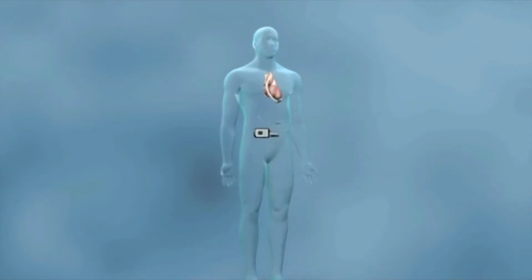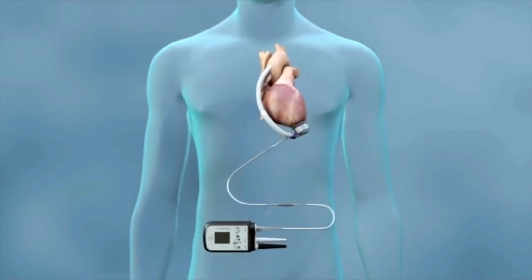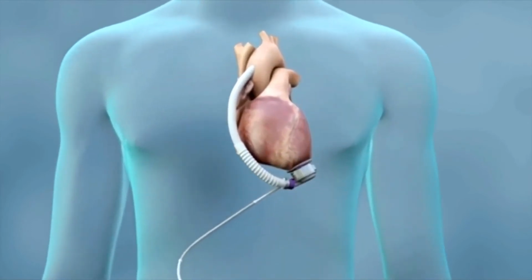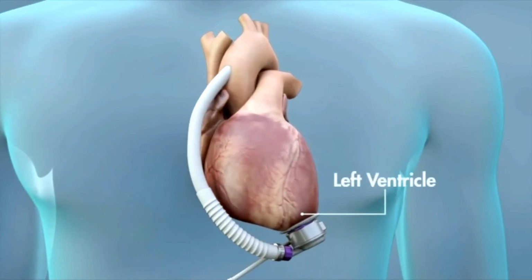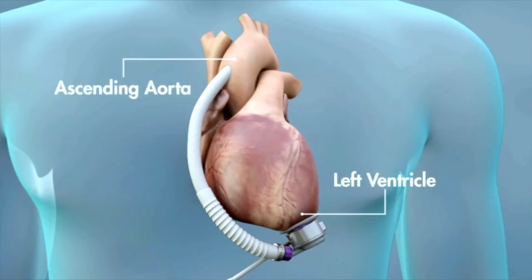Your HeartMate 3 heart pump is a left ventricular assist device, or LVAD, sometimes called a VAD for short. It helps your heart pump blood through your body. It has been surgically implanted just below the heart, where it is attached to your heart's left ventricle and to your ascending aorta, the main artery feeding blood to the entire body.